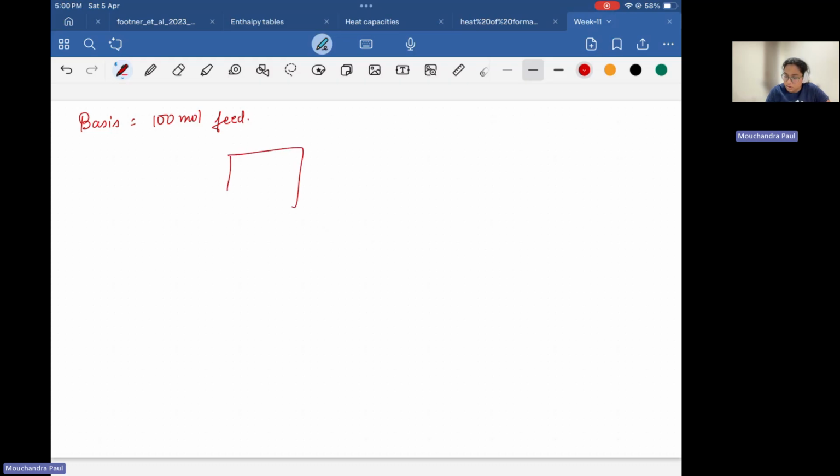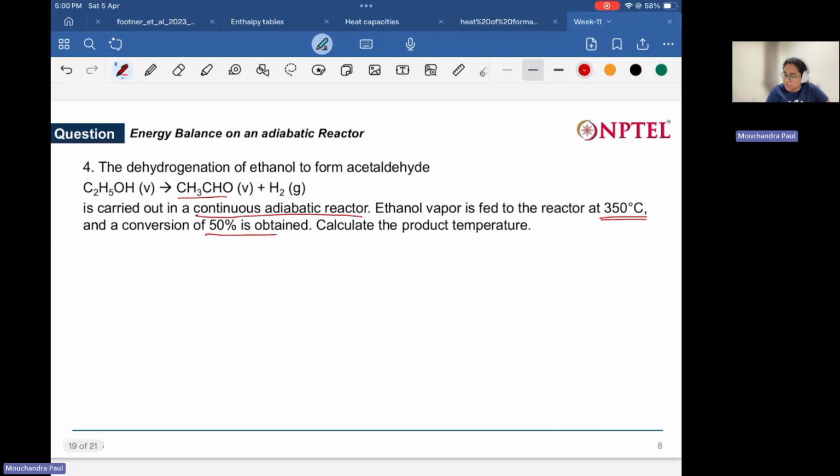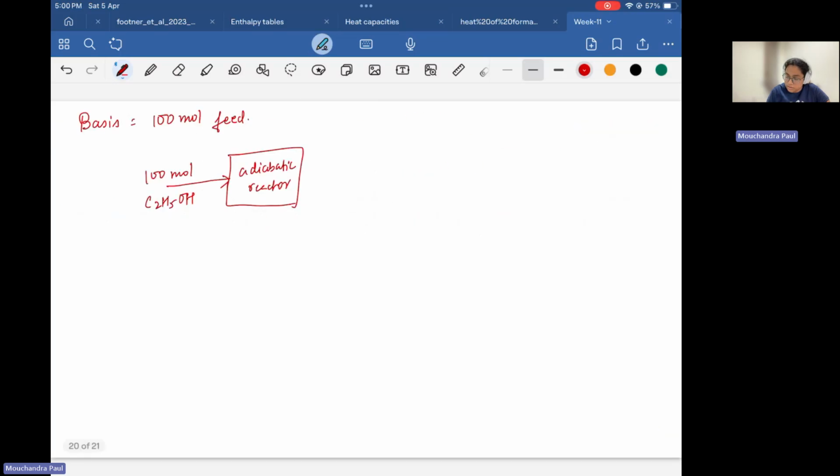So if we draw a flow chart, this is your adiabatic reactor and 100 mole of C2H5OH is entering, okay, at temperature 350 degrees Celsius, and it is in vapor state. What is coming out?